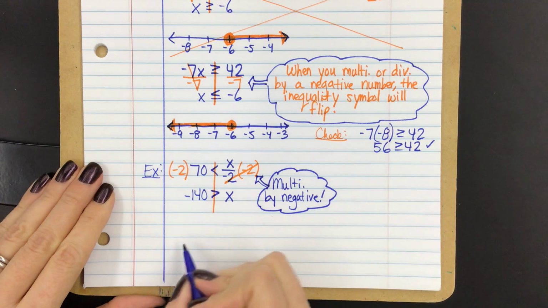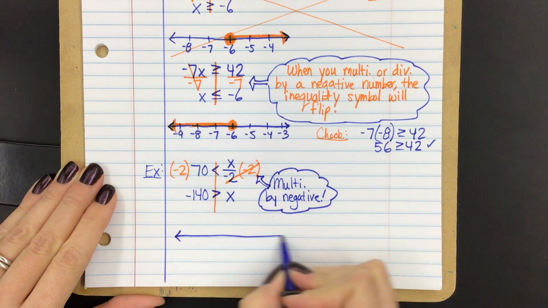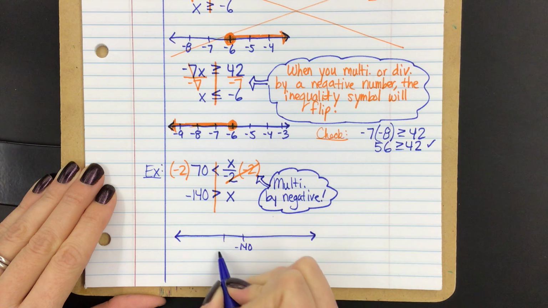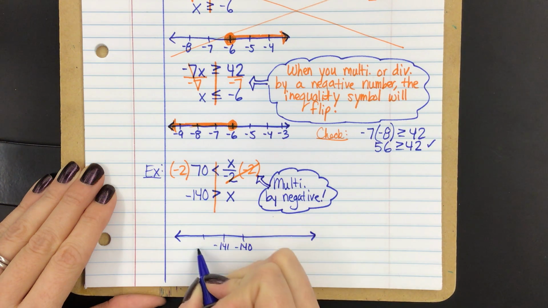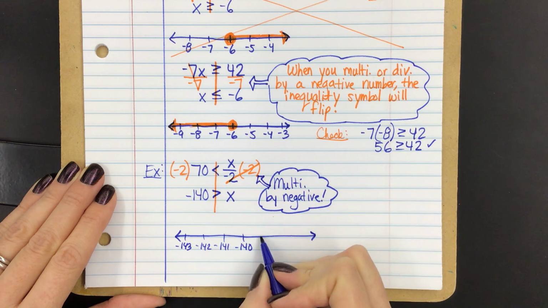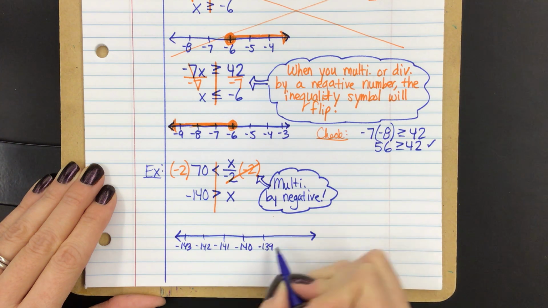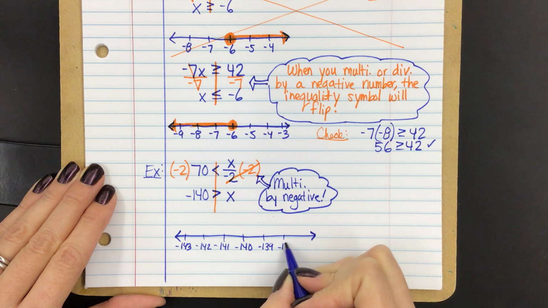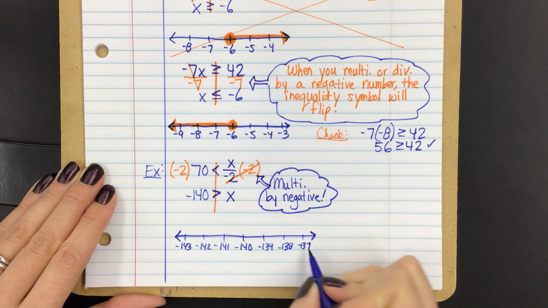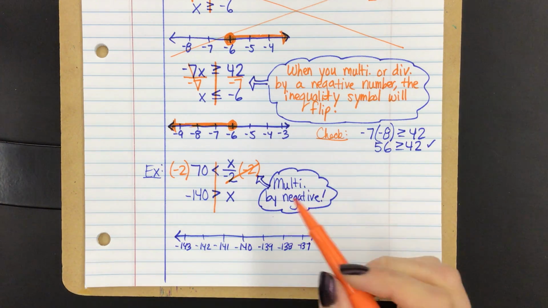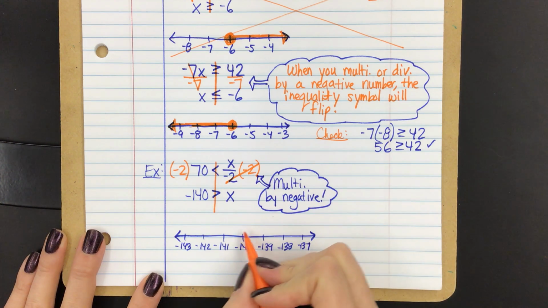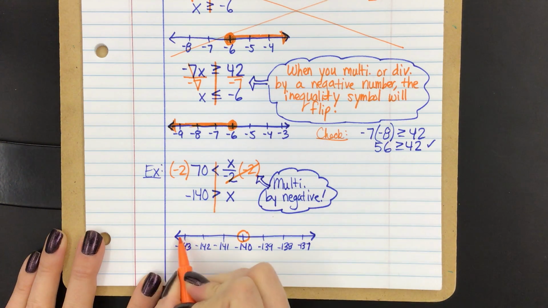So let's graph it real quick and just make sure that our solution is correct. Okay. Now, in this case, it's going to be a hollow circle because the equal to sign is not there. And then we're going to shade everything that is less than it.